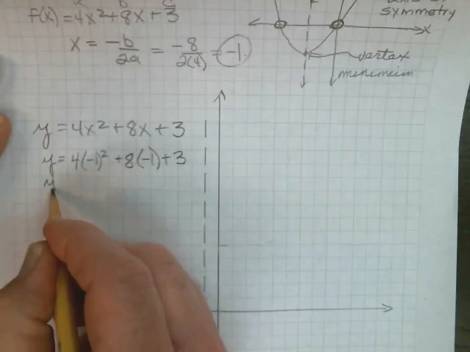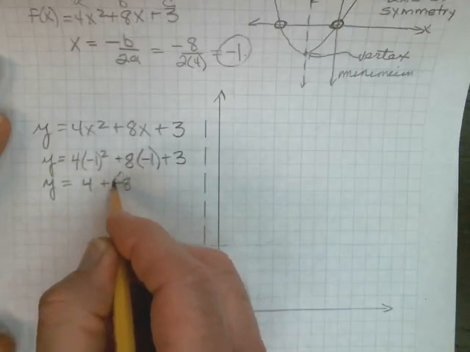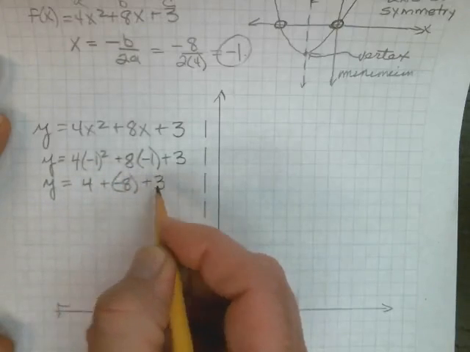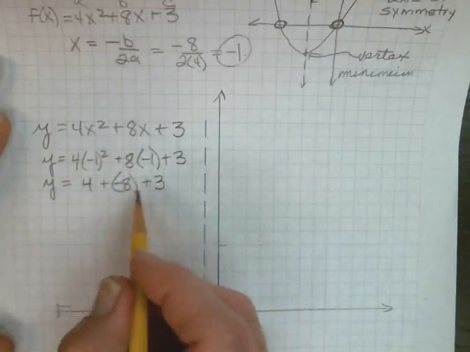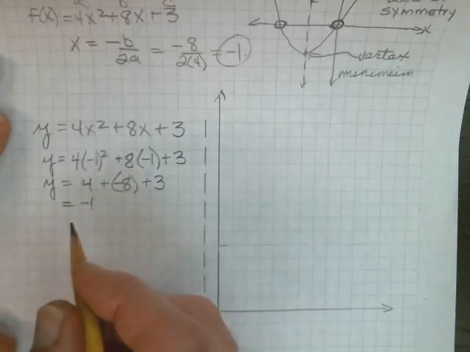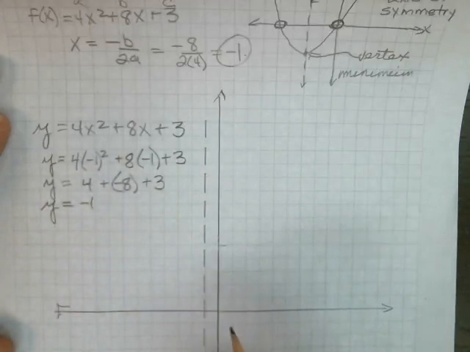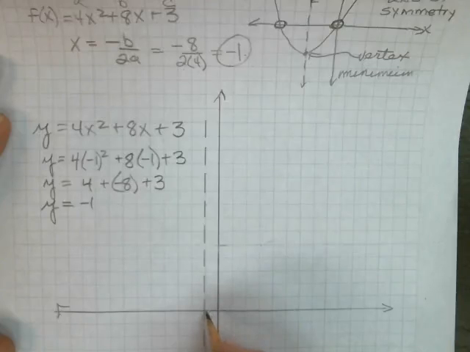And I'm going to get y is equal to 4 plus a negative 8 plus 3. And so 4 plus 3 is 7 plus a negative 8 is a negative 1, which just happens to be the same as the x value, but that's okay here.